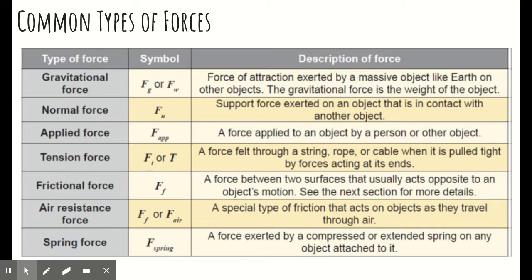They got really creative there on that one. This is going to be the force exerted by a compressed or extended spring on any object. That's going to be Hooke's law, so we'll get into that towards the end of this unit. But these are the symbols that we're going to use while we're writing our notations for things.